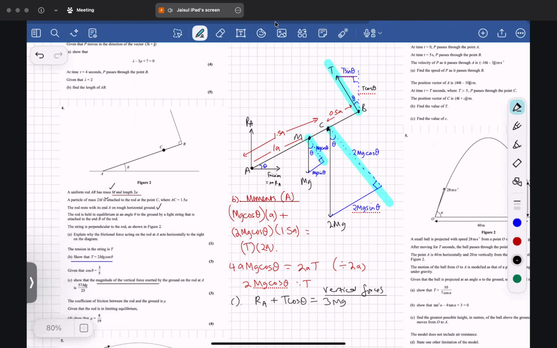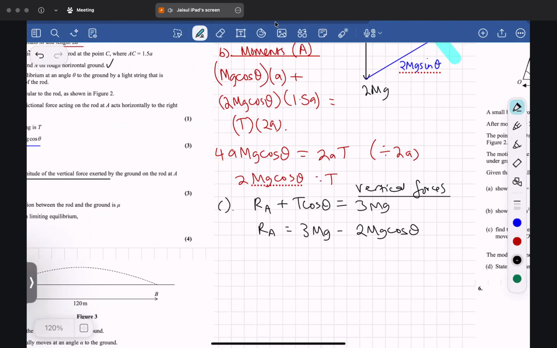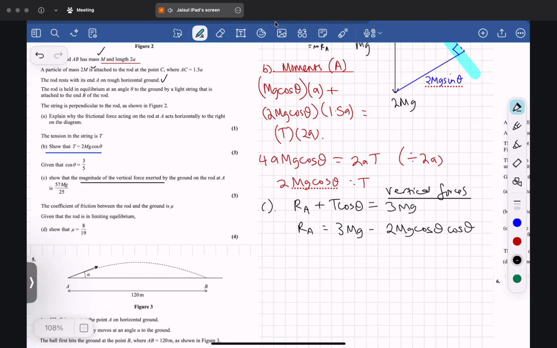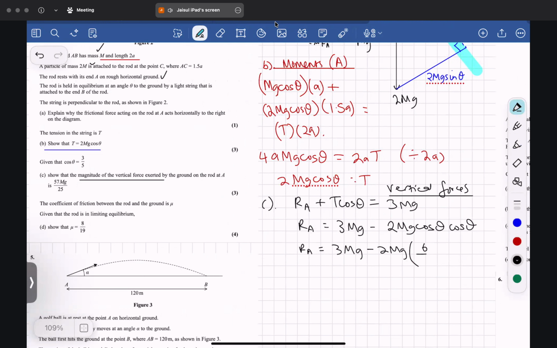We can solve it. So now we've got RA equals 3mg minus T, which we know from the previous question, T is 2mg cos theta, times cos theta. And we also know cos theta is 3 over 5. So RA equals 3mg minus 2mg times 6 over 25, because I squared the 3 over 5.